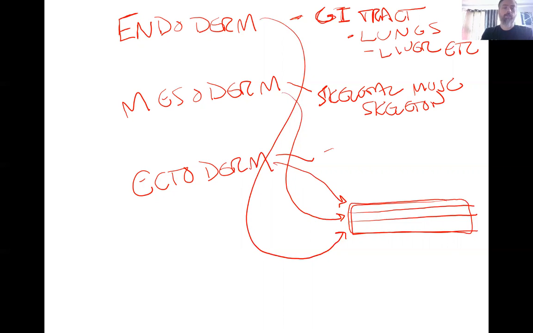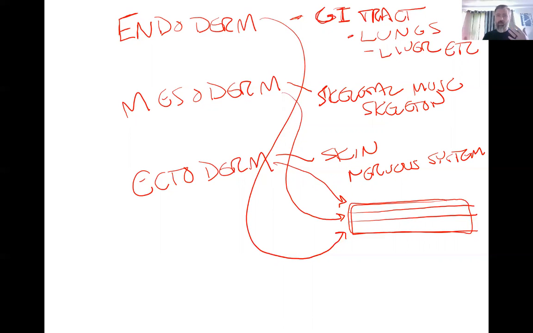Ectoderm gives rise to skin, right? Also the nervous system. And this is obviously a simplified view of things, but this is basically what's going to happen.